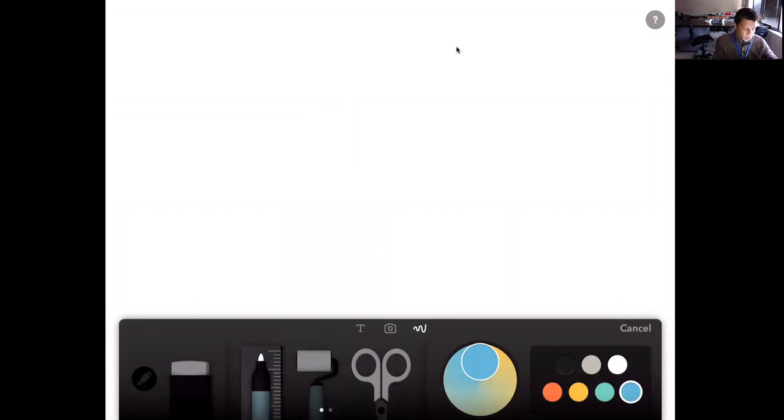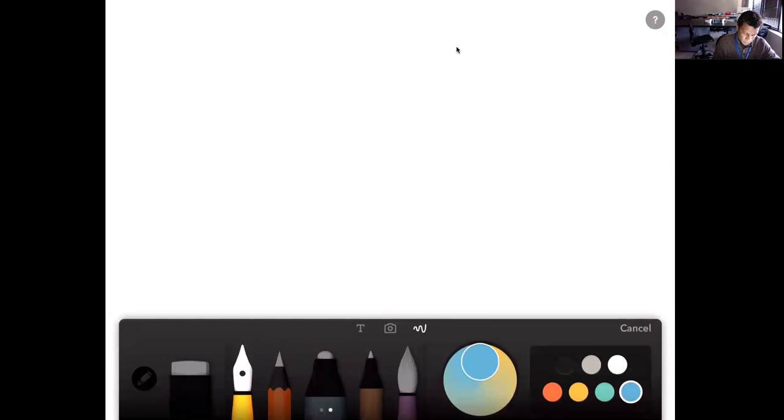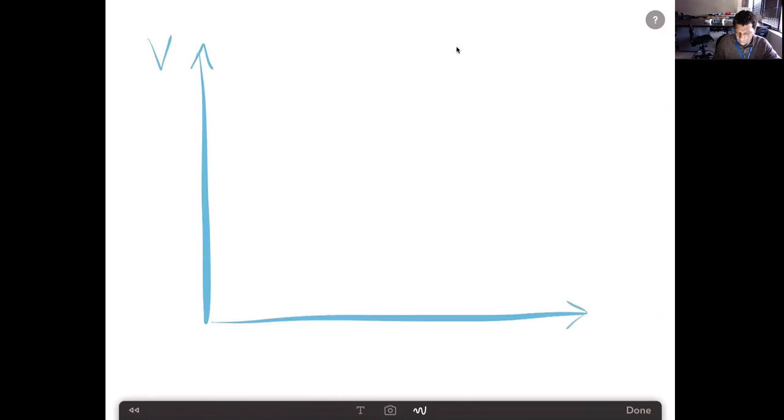So here we go. We're going to produce a graph that has voltage on the y-axis and I think angular velocity on the x. Let's just check that.